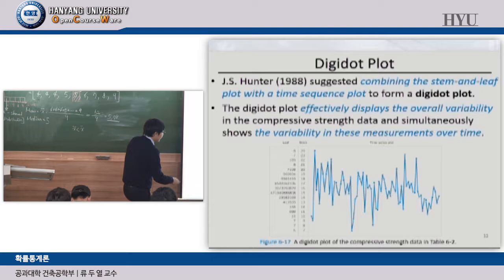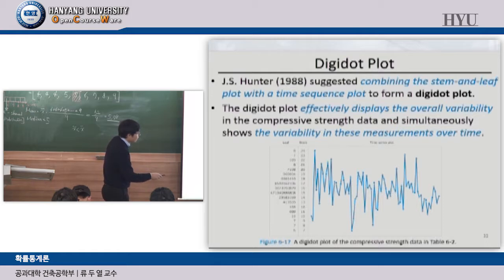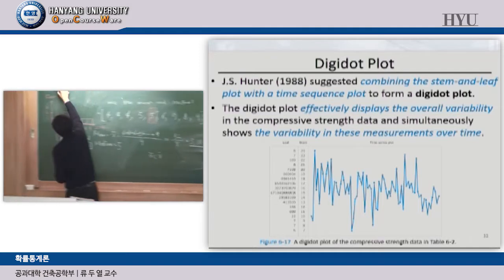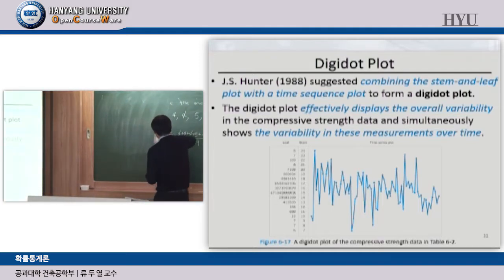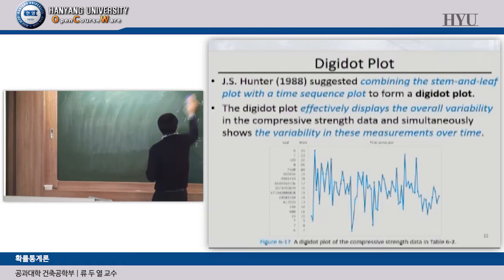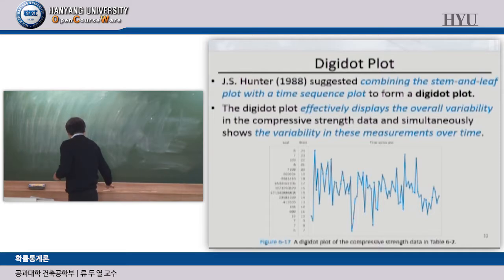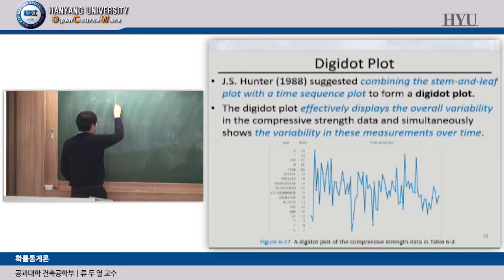So we first can draw this stem and leaf, and then beside the stem and leaf diagram, we can draw this time sequence plot, which means that the x-axis should be the time, and the y-axis should be the compressive strength. I'm going to let you know how to fabricate the digital plot here.